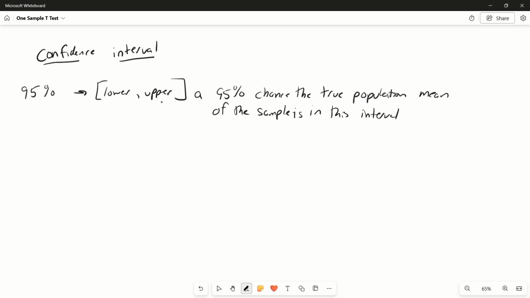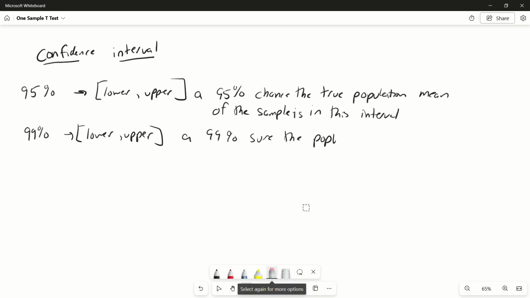So whatever these scores are, there's a 95% probability that the mean of the population from which the sample is drawn is within this upper and lower boundary. And when I do 99% lower and upper boundaries, then I'm obviously 99% sure the population mean is located within this interval.